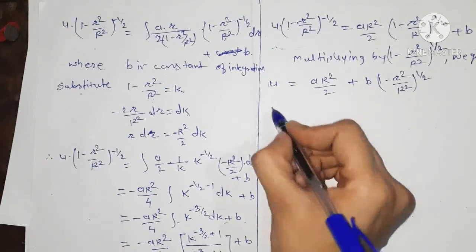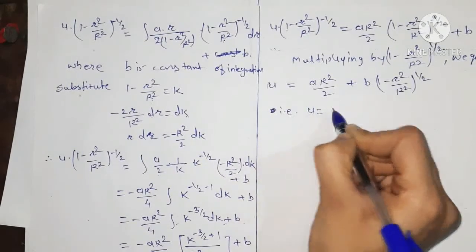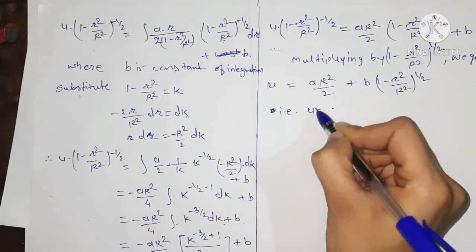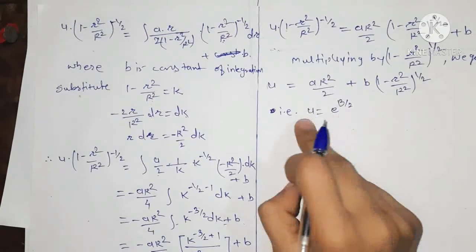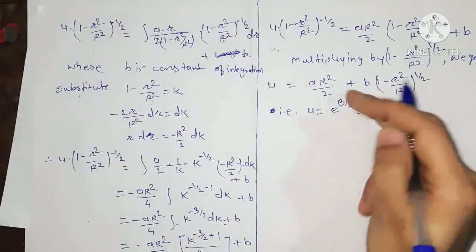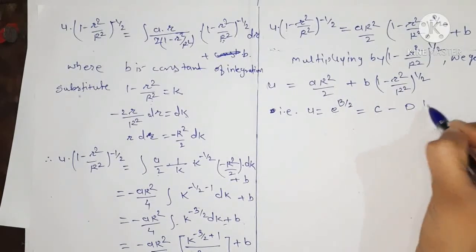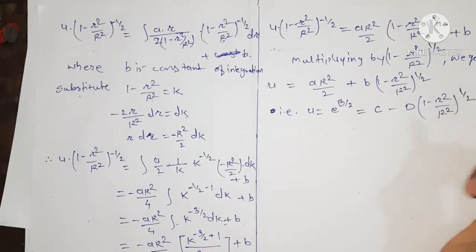Okay. Now we can write u as e to the power b upon 2, so u equals e to the power b upon 2, that equals c minus d into (1 minus r square upon capital R square) to the power half.